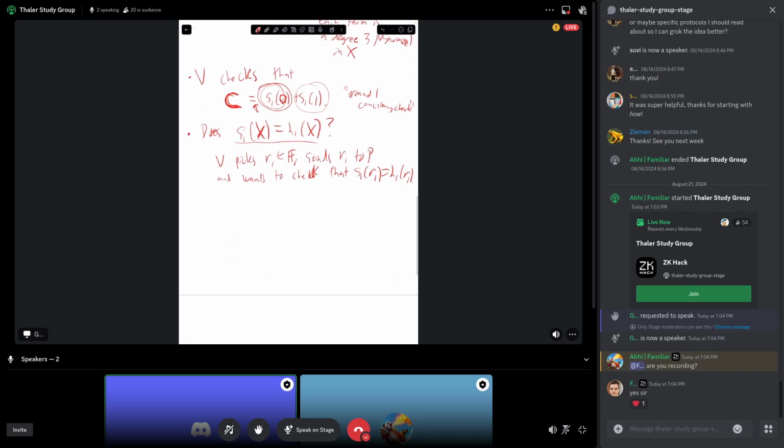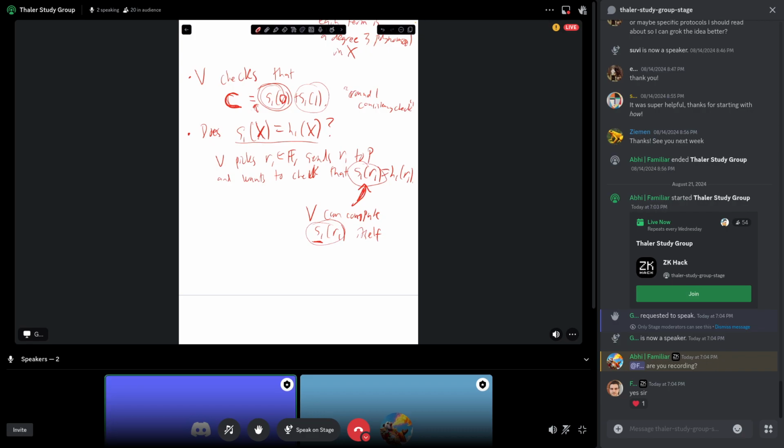Now, here's the thing. S1 was explicitly sent by the prover to the verifier, so the verifier can compute S1 of R1 on its own. It's a degree 3 polynomial, and it takes a handful of field operations to evaluate a degree 3 polynomial at a field element R1.